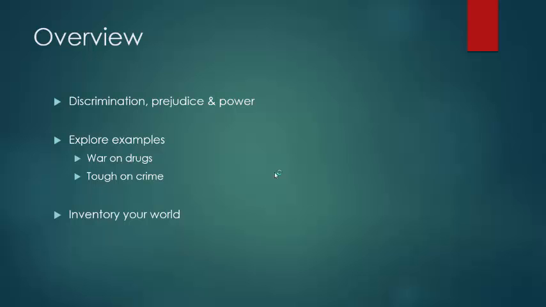So consequently, we want to make sure that as part of this module, we are able to do some of the inventory work of understanding what are some of the stereotypes as well as discriminatory practices that get enacted in our workplace, but also try to figure out how we might begin to disrupt these.